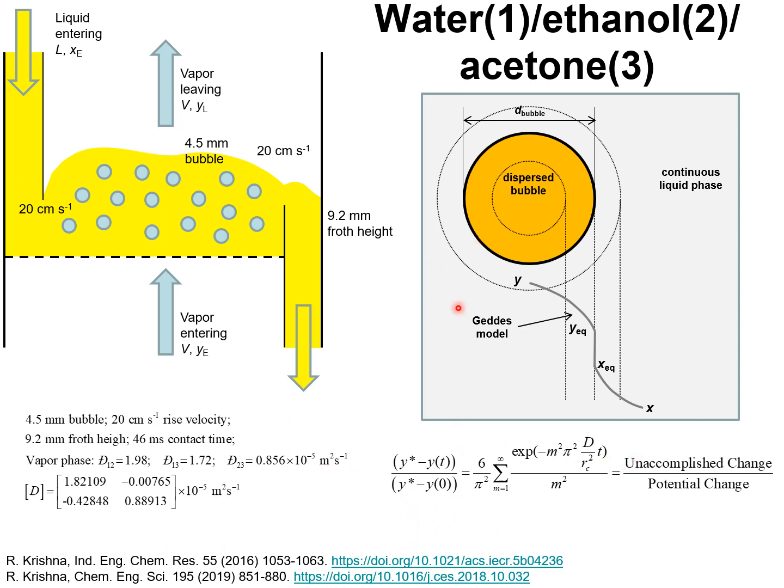This can be solved, even analytically, and can be solved numerically for the bubble dispersion on the tray, and the composition trajectory followed during the equilibration process as the vapor traverses the height of the dispersion froth can be calculated.